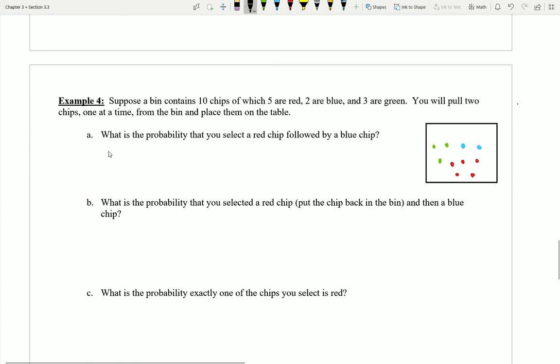Now, I want to know what is the probability that I select a red chip followed by a blue chip. Okay, well, that should be pretty easy. I want to do a red first, and then I want to do a blue. Notice again, I would know that this is a time to use the multiplication law for 2 reasons. One, I'm talking about a sequence of events, so a red chip happens first, a blue chip happens second.